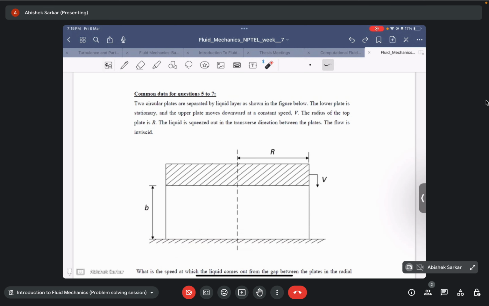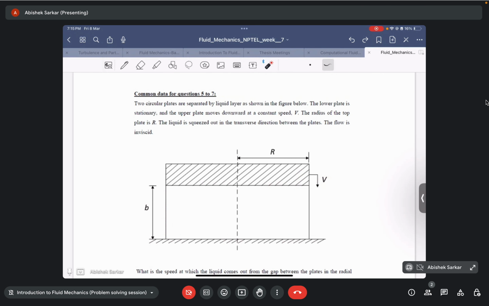In the previous example, the plate was held stationary because of the flow impinging upon the plate in the upwards direction. But in this case, the lower plate is stationary. There is a fluid sandwiched between these two plates, and the upper plate is moving downward with a velocity v.